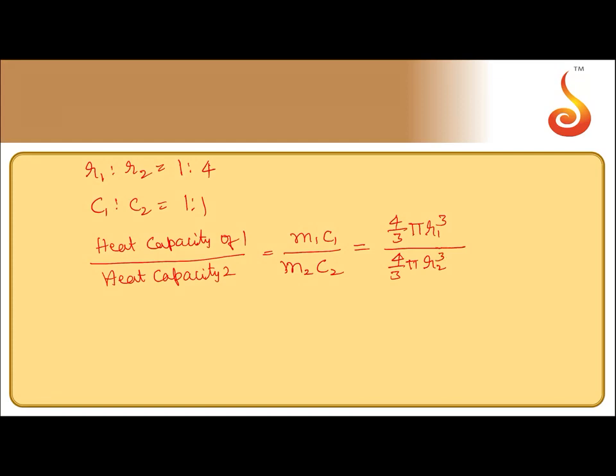This gives you volume into density, same material, so density will be same, then specific heats both are equal. So you will be left with r1 by r2 whole cube. So radii ratio is given 1:4, so it is 1:4 whole cube, that is 1 by 64.